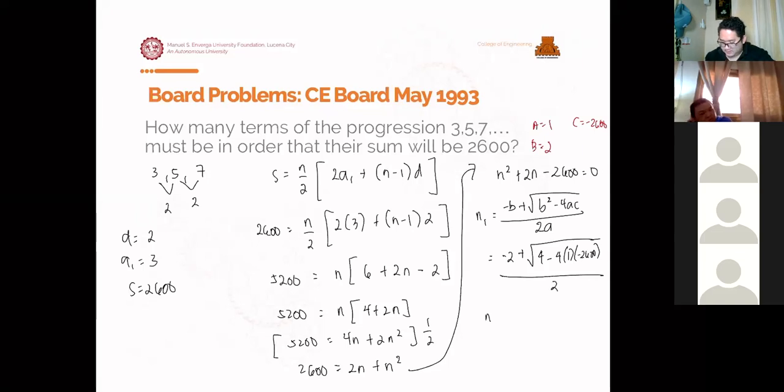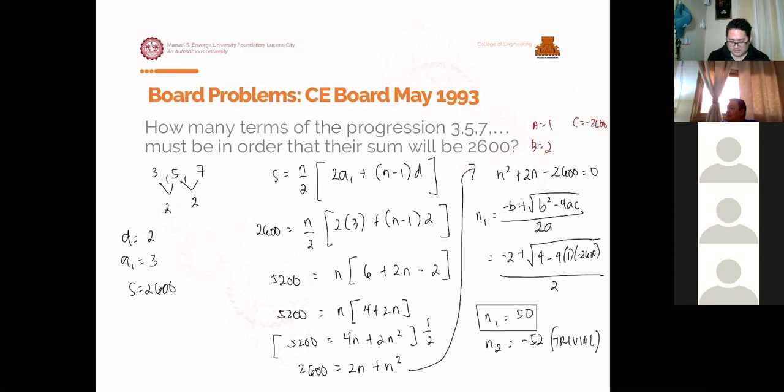So, n1 natin equals square root of 4 plus 2,600... over 2, so we have 50. Then, yung n2 natin, i-reverse lang natin yung sign, so magiging negative 52, which is hindi pwede dun sa term natin. Ito ay trivial, so pwede mong i-disregard yung number na to. Ibig sabihin, para magkaroon ng sum na 2,600, ang number of terms mo should be 50.